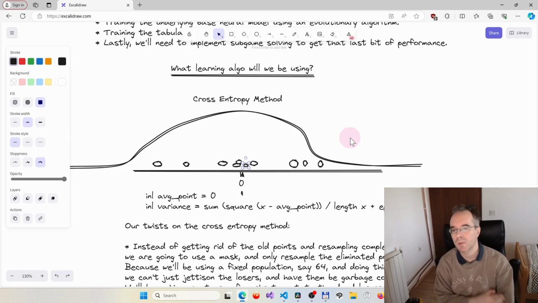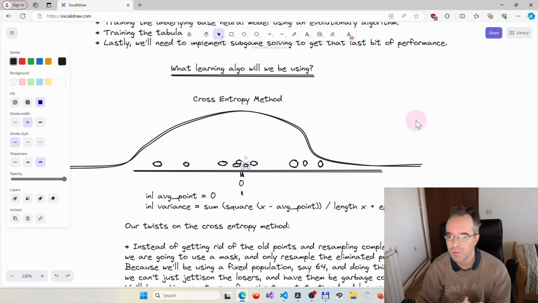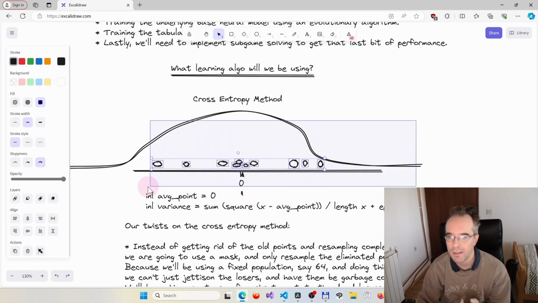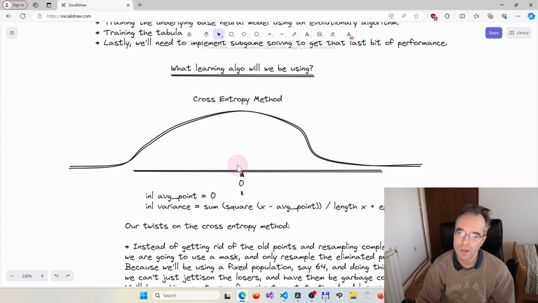Even though the exploitation aspect would definitely suffer, because imagine with a regular cross entropy method, if we assume that the average point is 0 at every iteration, that's basically random search. All the winners would get eliminated at every iteration in regular cross entropy, and the search would only go around 0.